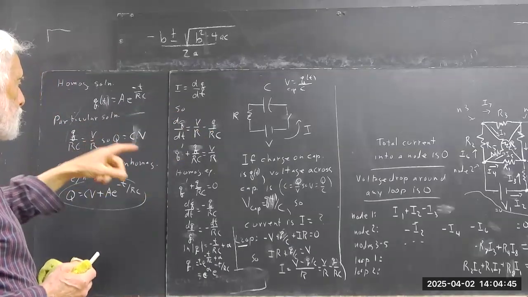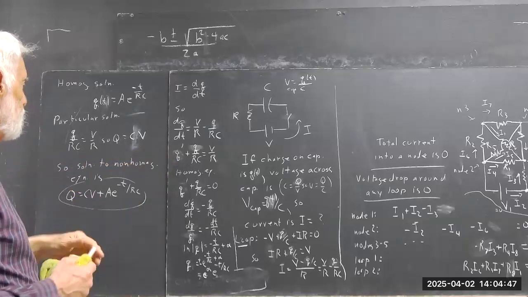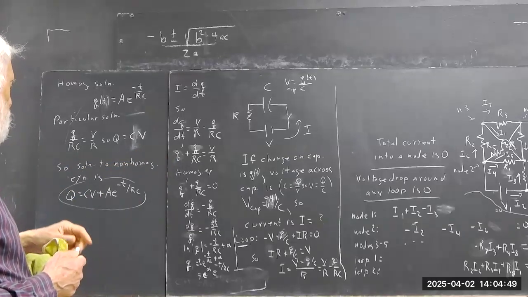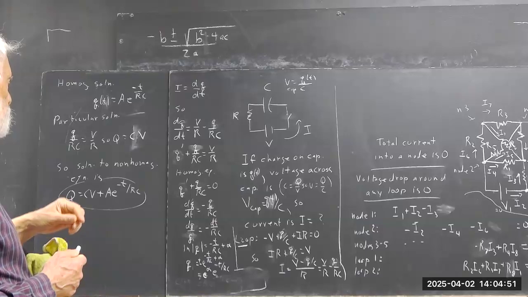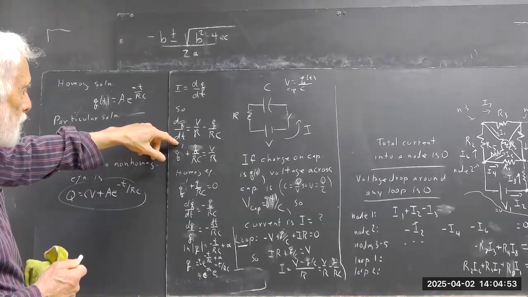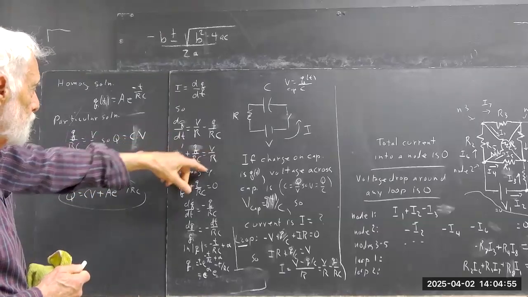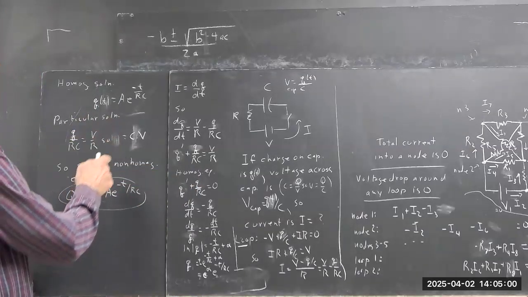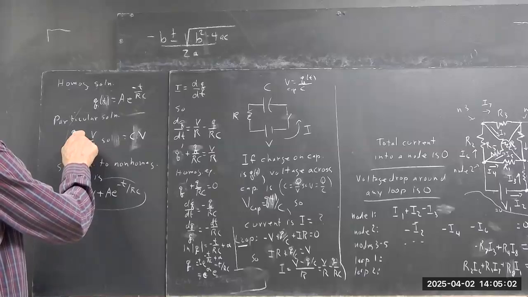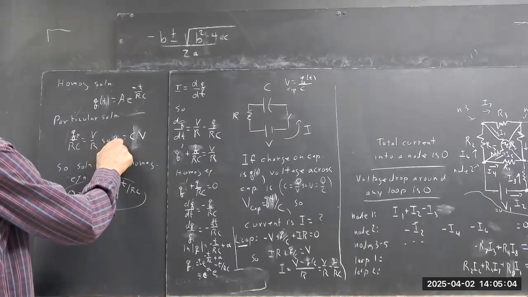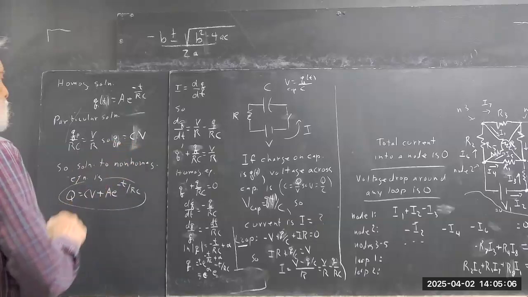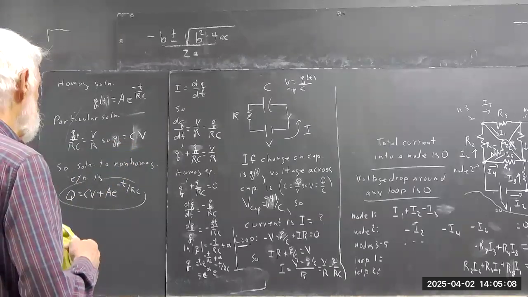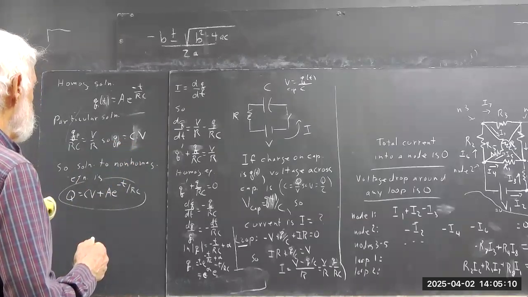If Q is just a constant function, then Q prime is 0 and Q over RC would equal V over R. That's what I've got here. In particular, there's our particular solution, Q_P equals CV.